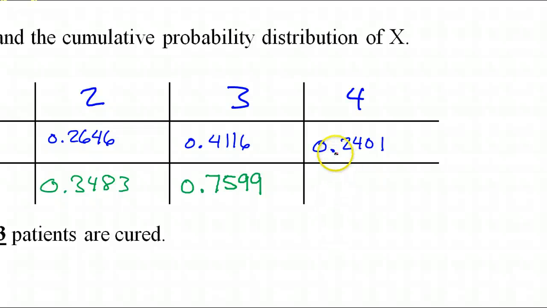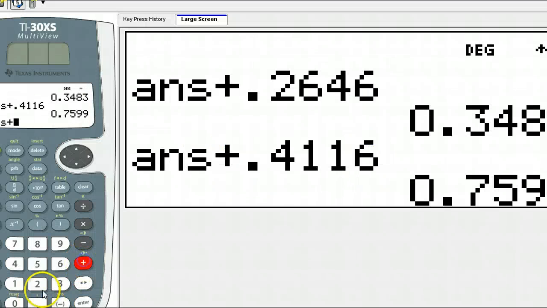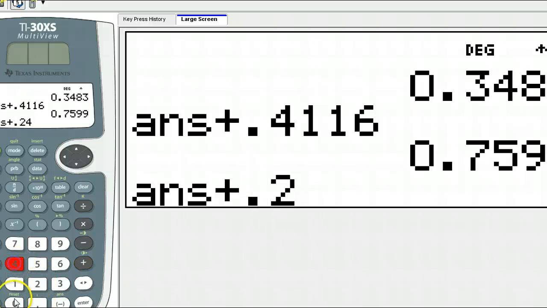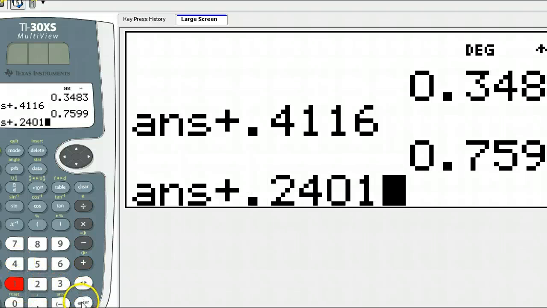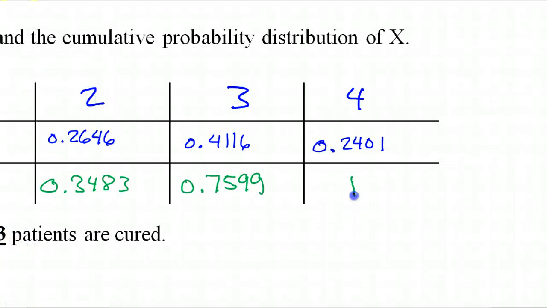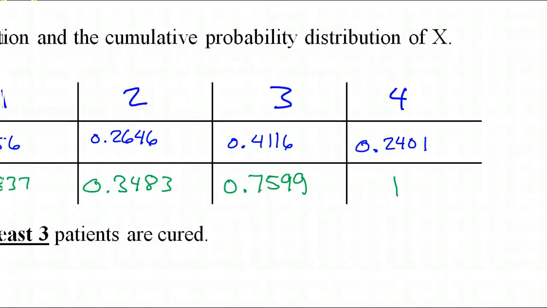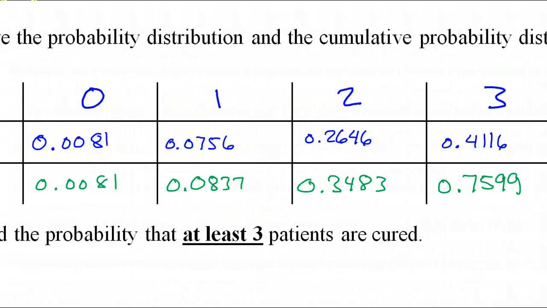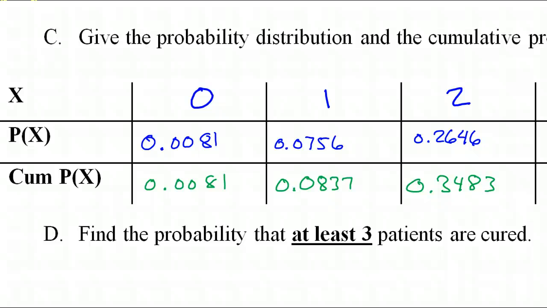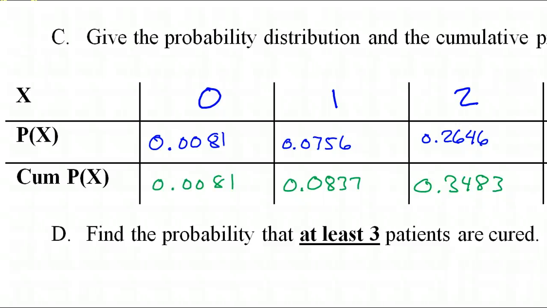Well, let's see, plus 0.2401. And sure enough, we get 1. Okay, so that is how you create the probability distribution and the cumulative probability distribution.